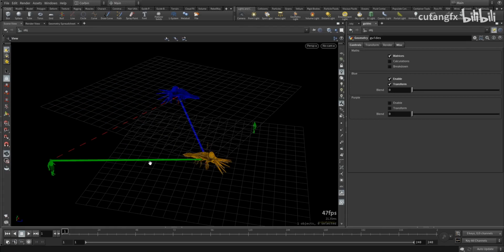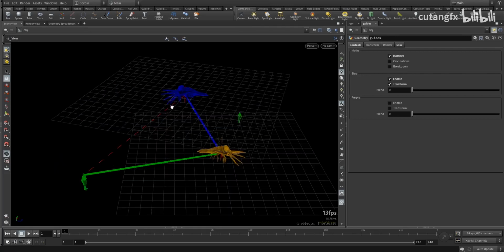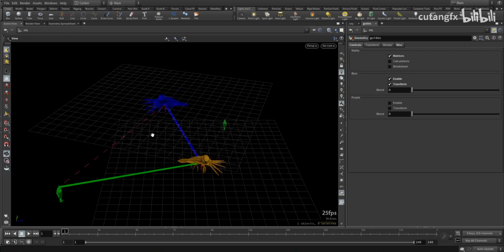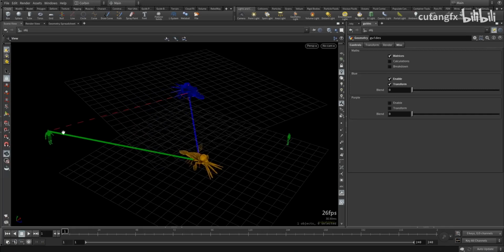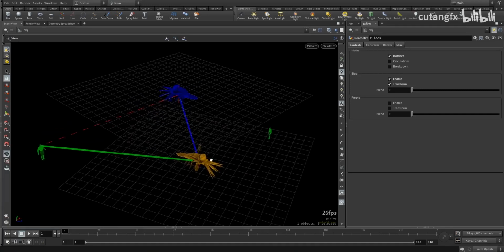And how do we subtract? We divide. And how do we divide? We multiply but invert the second one. By doing so, we've calculated this red matrix, which is essentially the difference between blue and green. And that then means that it gives us green relative to the center of the world.